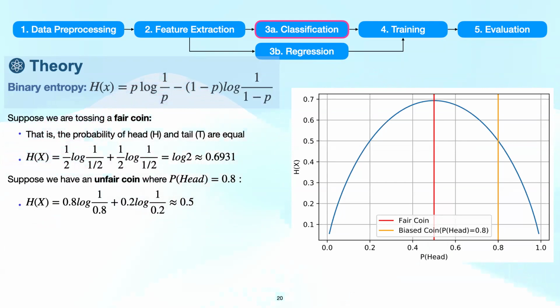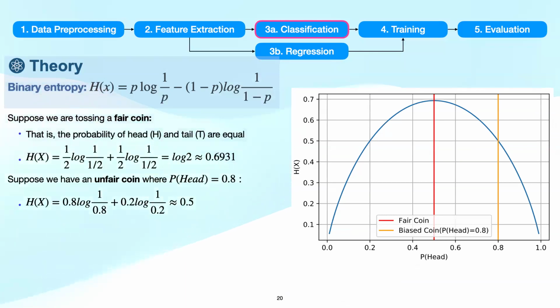So basically, you can calculate this quantity by plugging into this equation, because the probability of H and T are the same. Your p is just 1/2, right? So if you calculate this, you get a value of 0.931. So this value is pretty high, right? But suppose you are tossing an unfair coin. If your coin is not fair, the probability of getting H and T are different. Let's say your probability of getting a head is 0.8, and the probability of getting a tail is only 0.2.